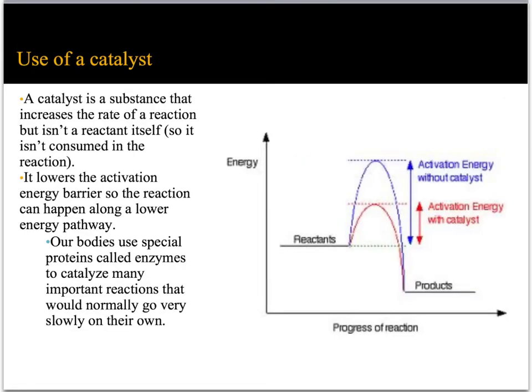The last way to impact reaction rate is to use what's called a catalyst. And a catalyst is something that increases the rate of reaction, but it's not a reactant itself. So it isn't consumed in the reaction. You can tell a reaction has a catalyst in it if, when you look at a chemical equation, and I'll just use the one that we were just looking at as an example, you see something written above the arrow.